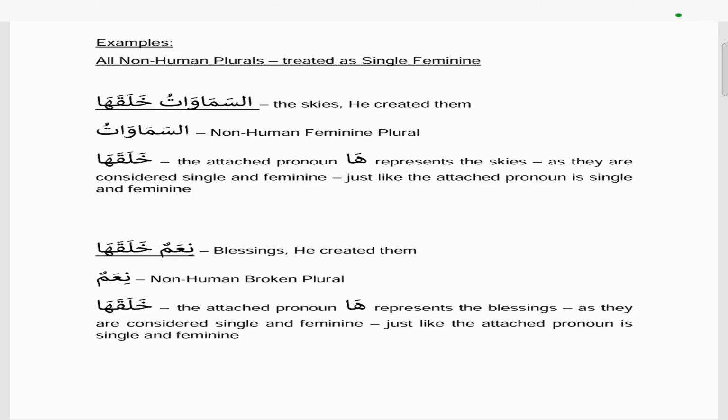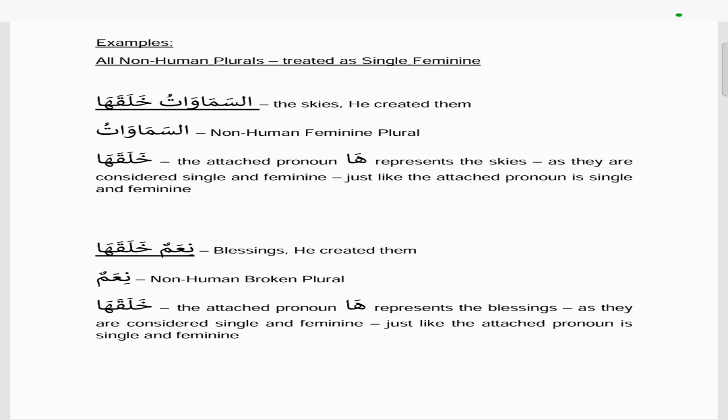And then the word khalaqaha, which means he created them. So the attached pronoun ha represents the skies, the as-samawatu, as they are considered single and feminine, just like the attached pronoun is single and feminine.